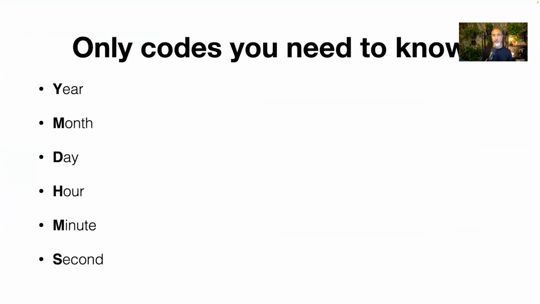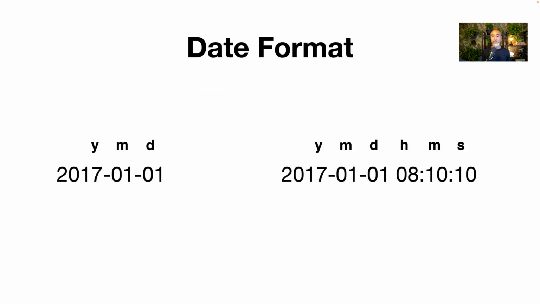And here's a quick summary of those codes. So year, month, day, and hour, minute, second. In this particular example, we have only date information, but sometimes you might have hour or minute time information as well. The order is the most important thing. So if it's year, month, day, you want to select that menu, and that will populate the YMD function.